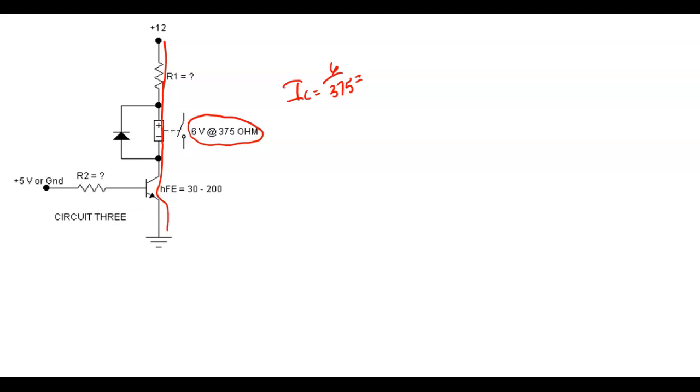So IC would be equal to 6 over 375 ohms. So what's my IC got to be to bring in this relay? I know I want R1 to drop 6 volts at 16 milliamps.